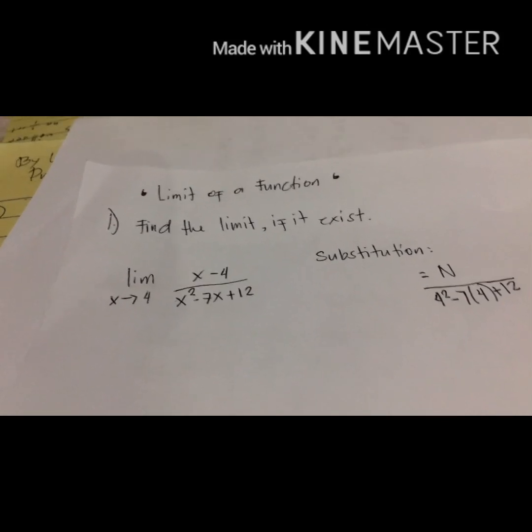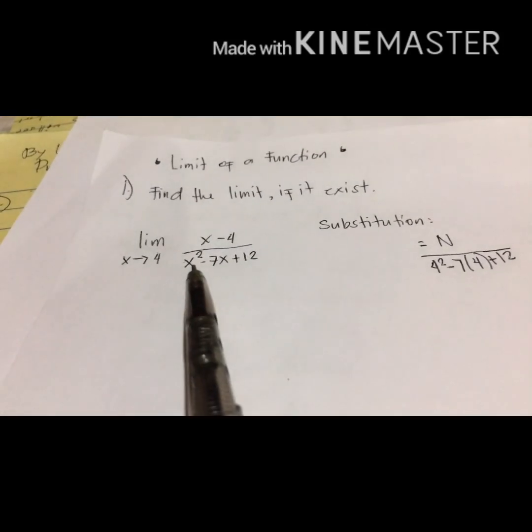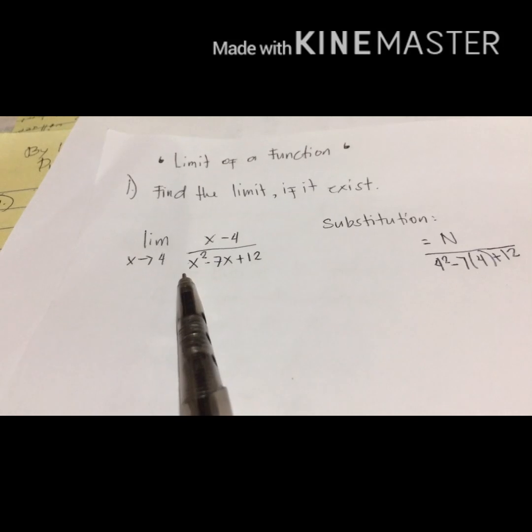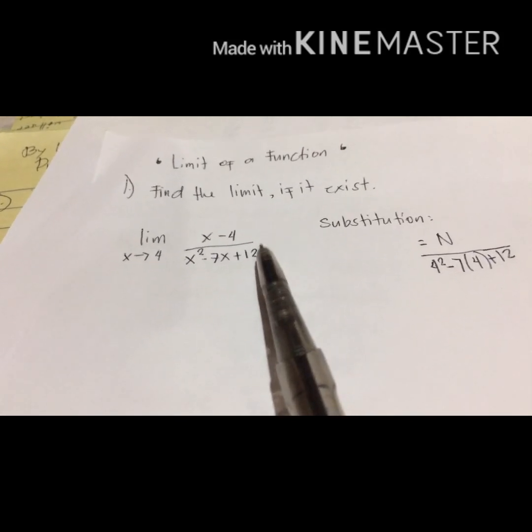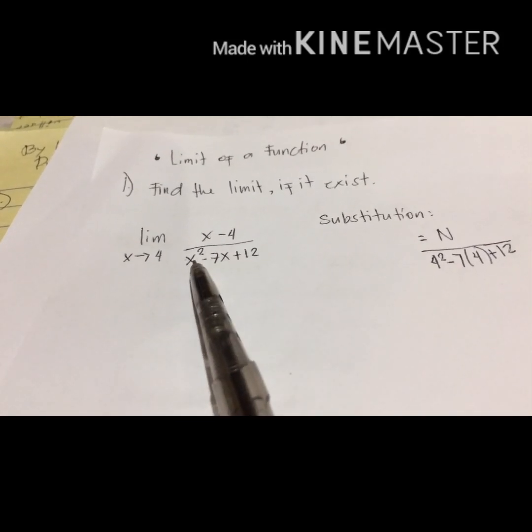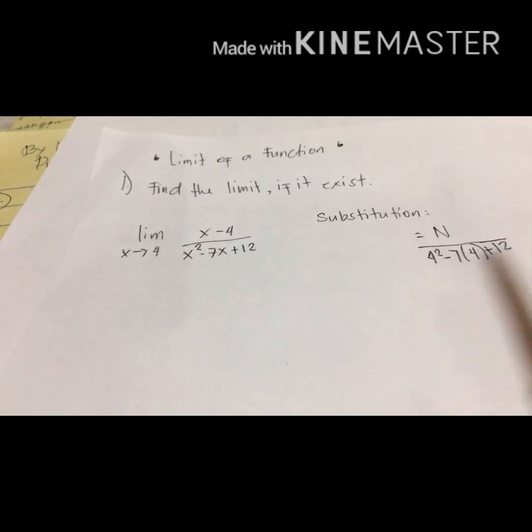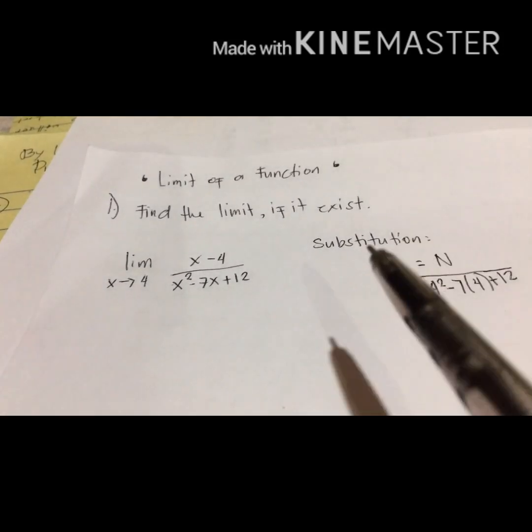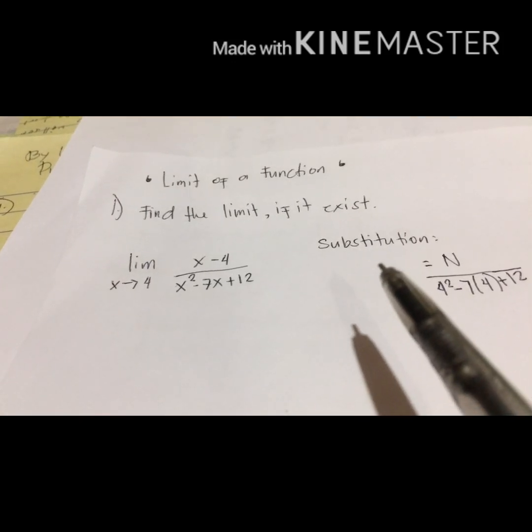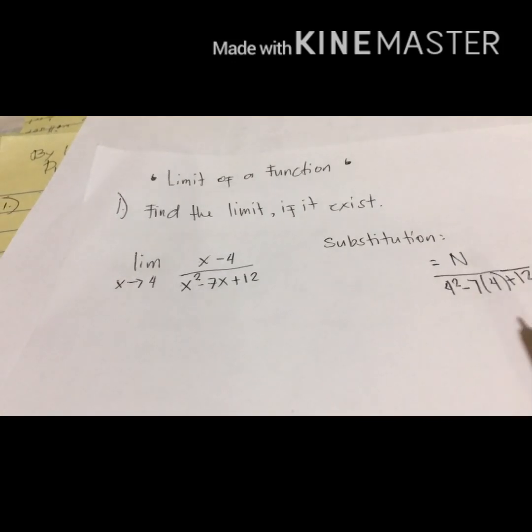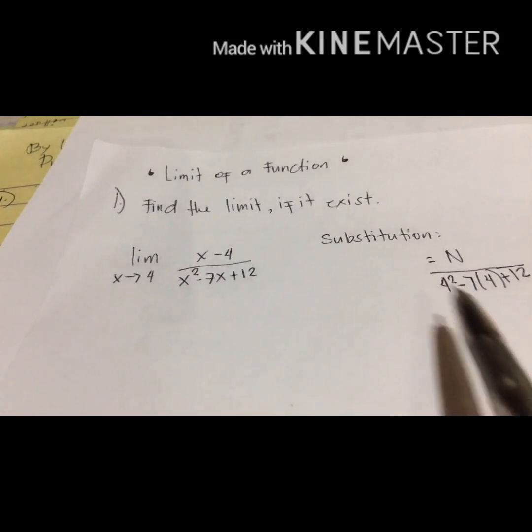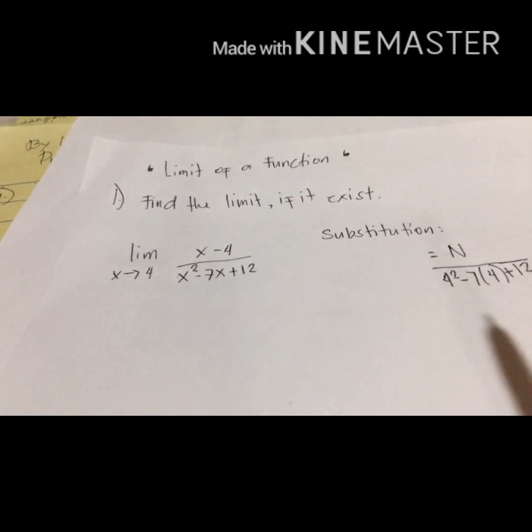So let's try. We have the limit as x approaches 4 of x minus 4 over x squared minus 7x plus 12. First, we can use substitution.